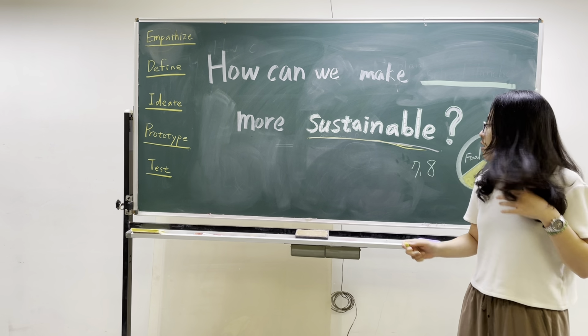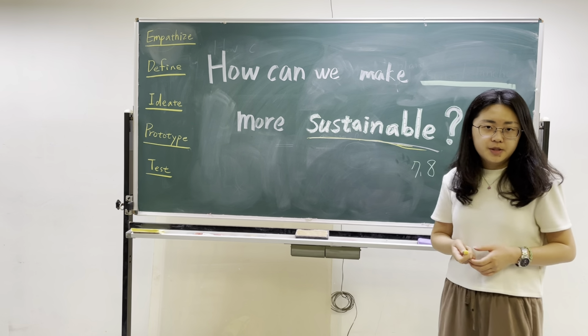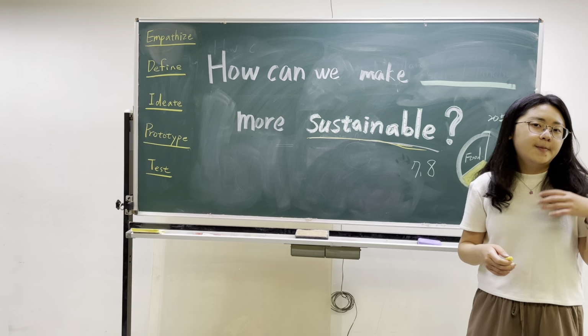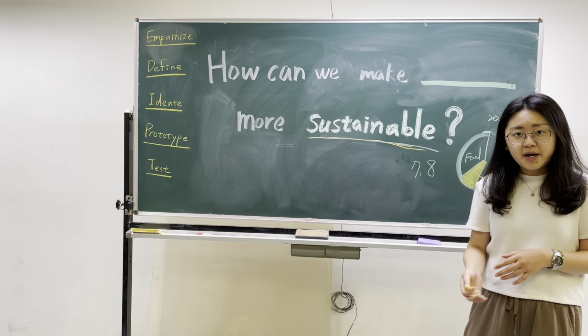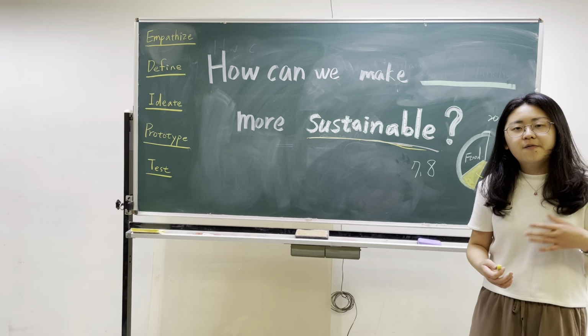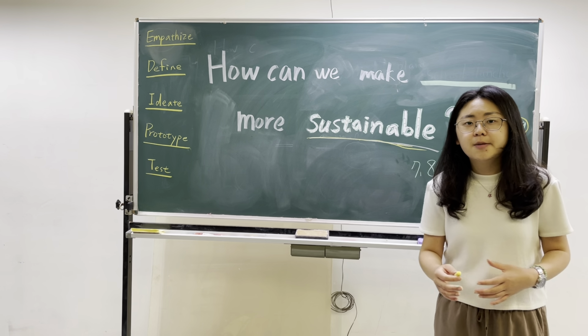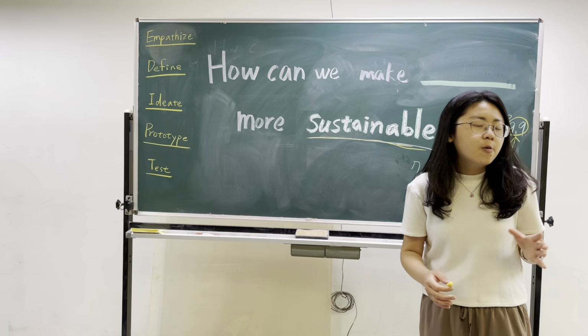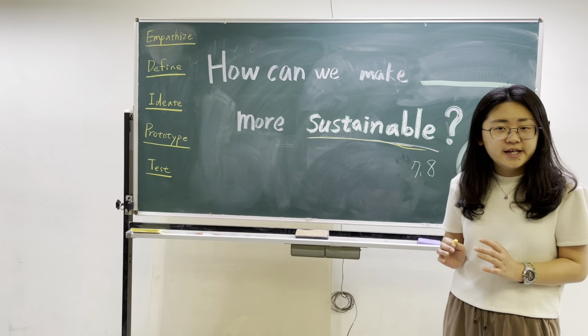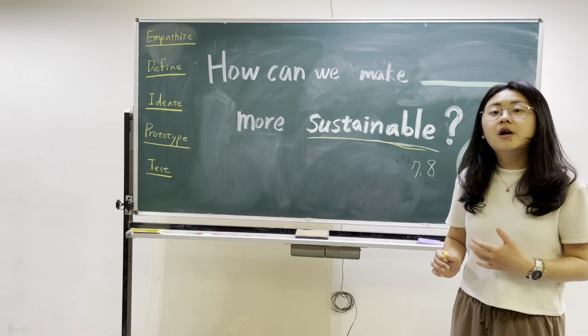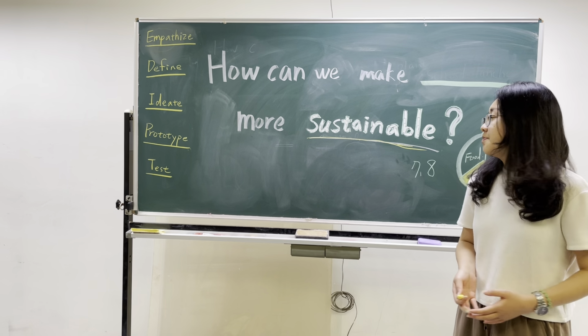For example, when we grow sustainable agriculture, we can try to reduce the amount of water usage, for example, using techniques like dripping the water, or using organic fertilizer, which won't harm the soil.